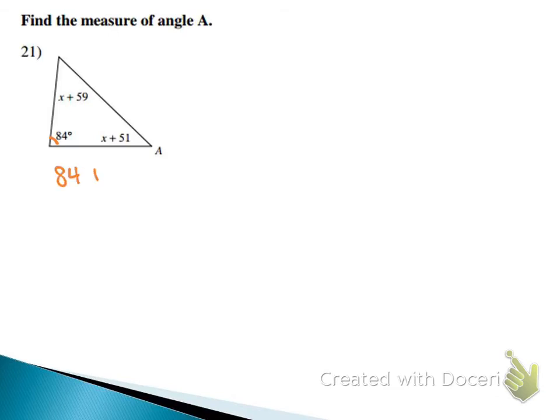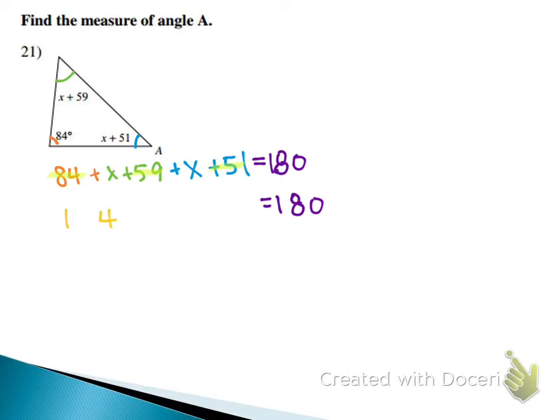So we can take 84 plus x plus 59 plus x plus 51, and they equal 180. Combine like terms, 84, 59, and 51. 194.